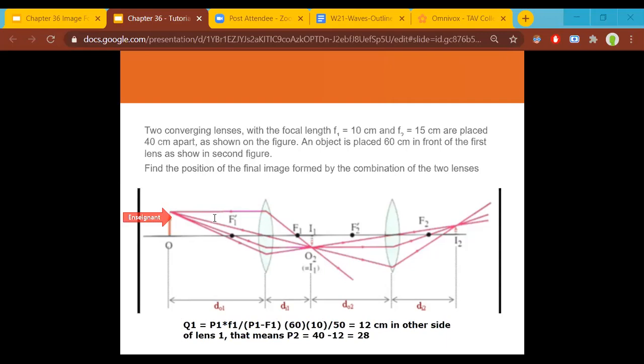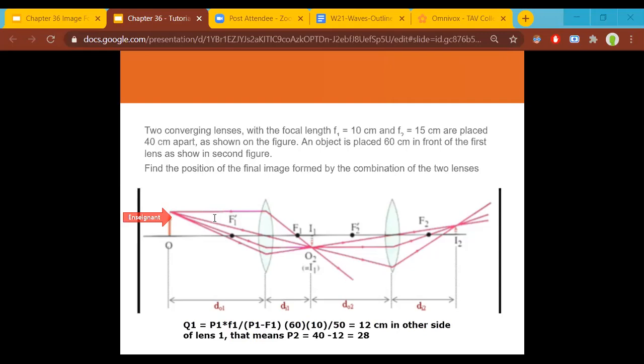The fact that it's positive tells you that it's being made on the right side of the lens, across the object. And that image is now going to pass through the second lens. So it's going to be the object for the second lens. And that's a distance measured from image 1 to the second lens. So it's 12 centimeters on the other side of the first lens.